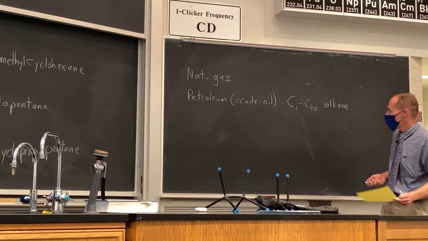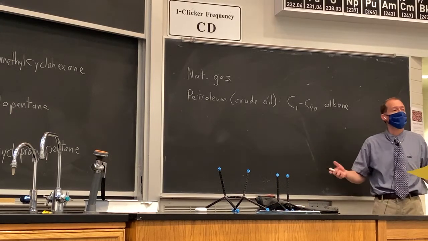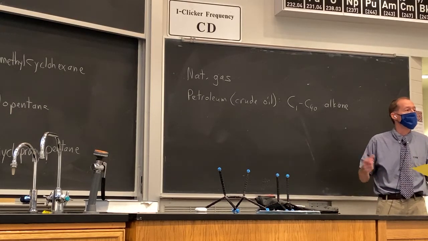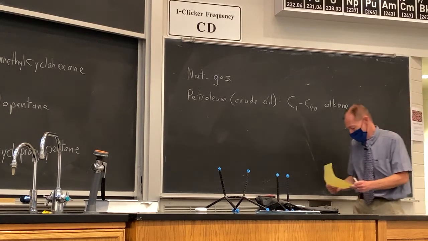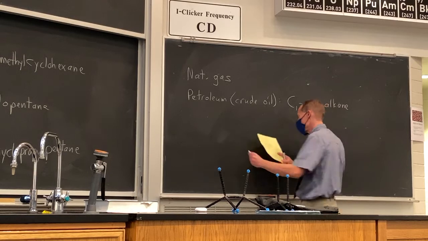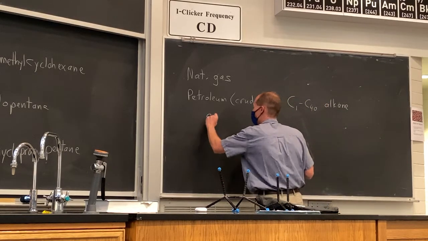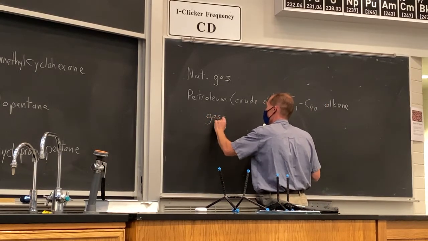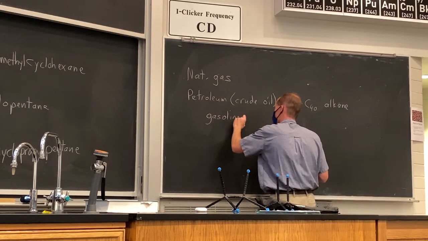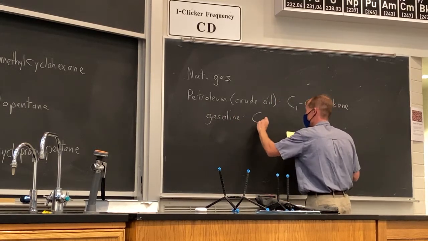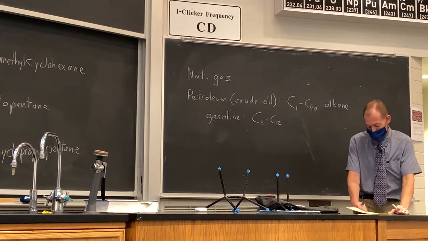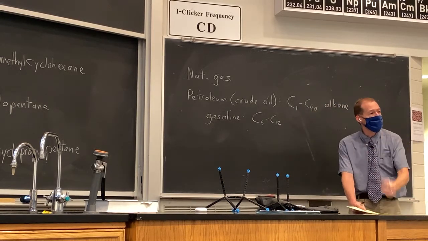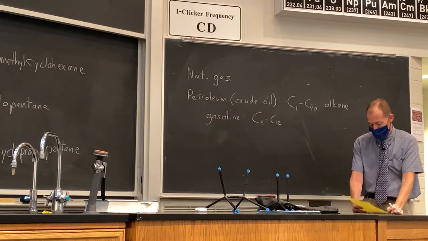So before we can use crude oil, we have to refine it into usable fractions. We can't use that huge mixture of hundreds of compounds. And three of the most useful fractions of crude oil are gasoline. Gasoline contains alkanes ranging from having 5 carbons to 12 carbons in their skeleton.